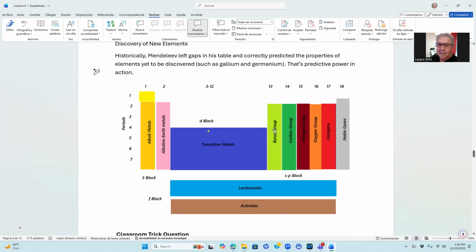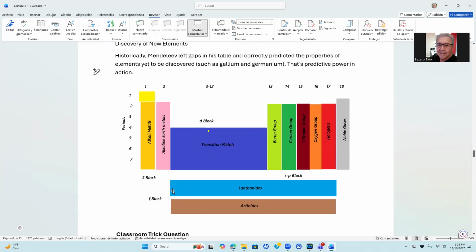And they are the boron group, the carbon group, the nitrogen group, the oxygen group, and the halogens group. The last group is the noble gases because they are inert. They almost don't react.